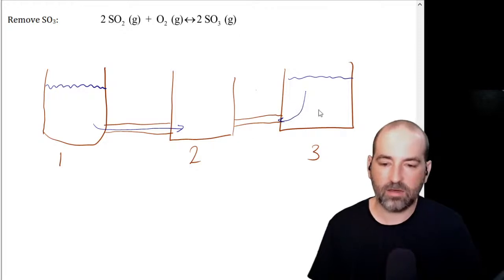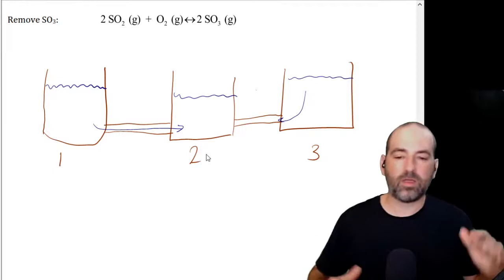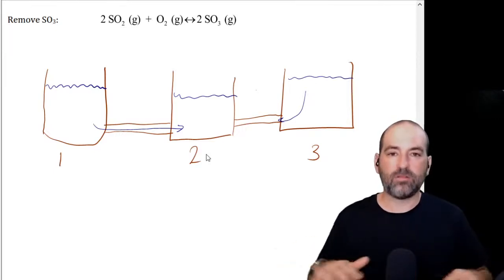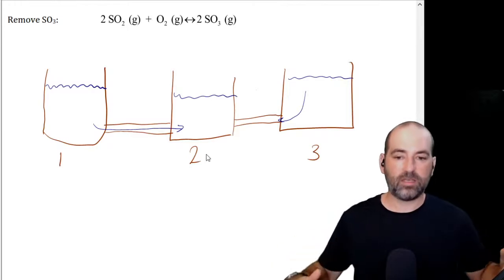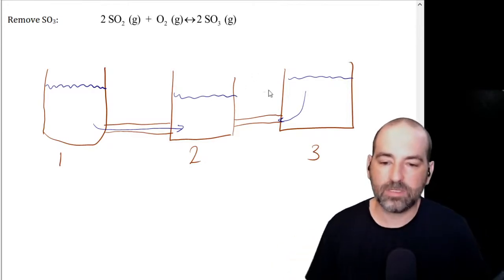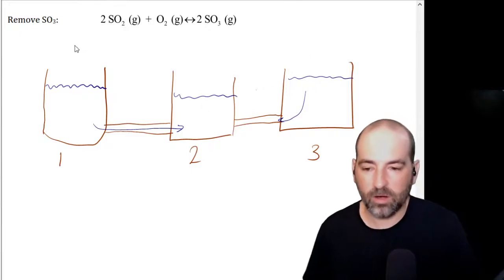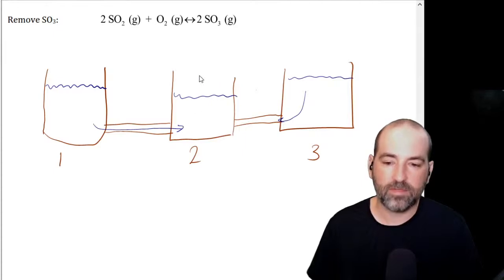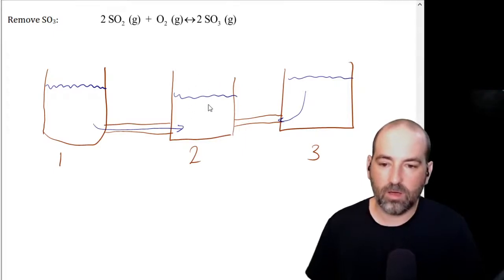And depending on the amounts of each, very quickly, it's going to all balance out. We're going to have the same level of water in all 3 tanks. All right, so now what happens if we put more water in tank 1?